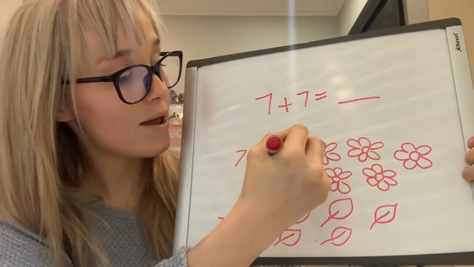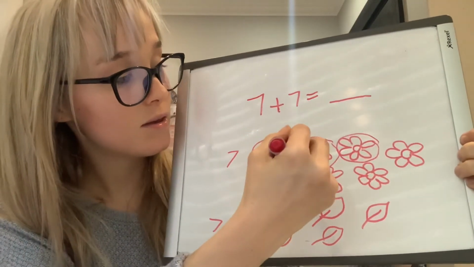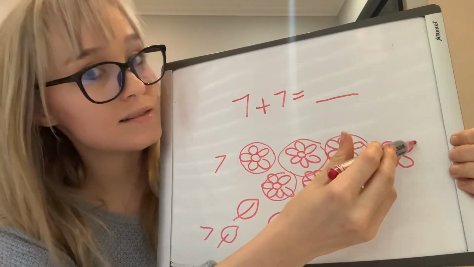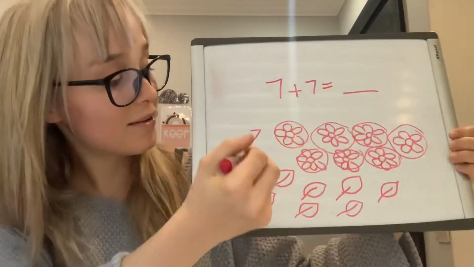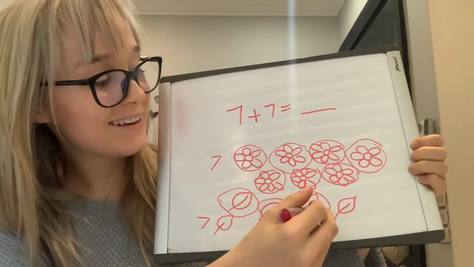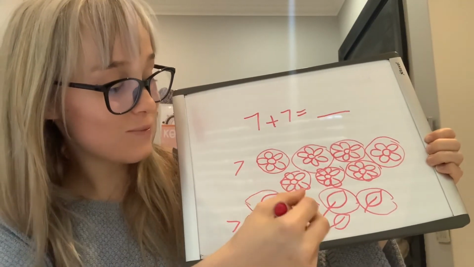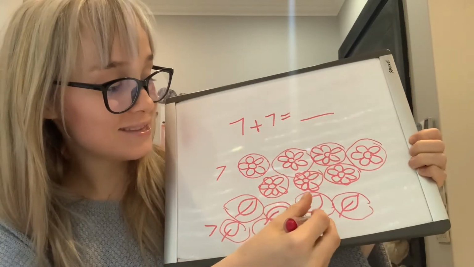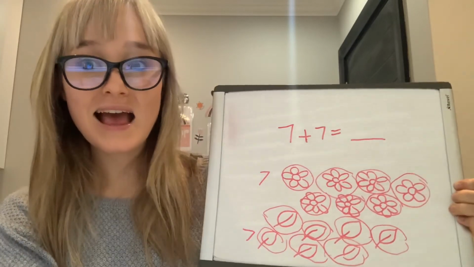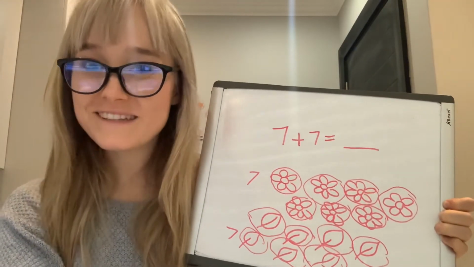We have 1, 2, 3, 4, 5, 6, 7, 8, 9, 10, 11, 12, 13, 14. So 7 and 7 gives us 14.